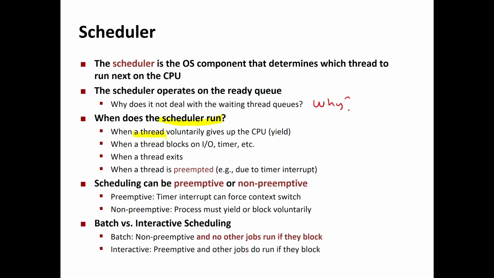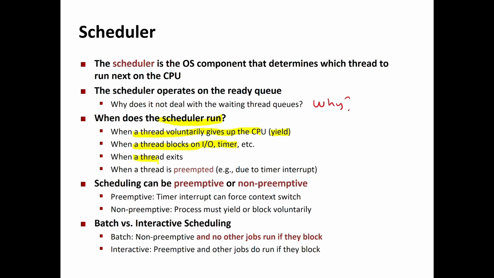First, when a thread voluntarily gives up the CPU, we know that there's this yield command, where the process by itself is saying, well, I have used my CPU enough, so please give the CPU to someone else. This is called yield, or "yol ver" in Turkish. Or when a thread blocks on I/O or timer, so that's a case where the scheduler can run.